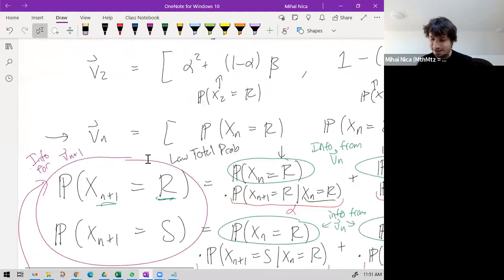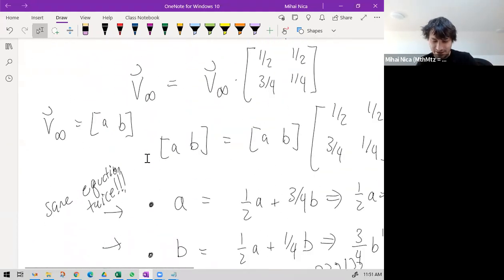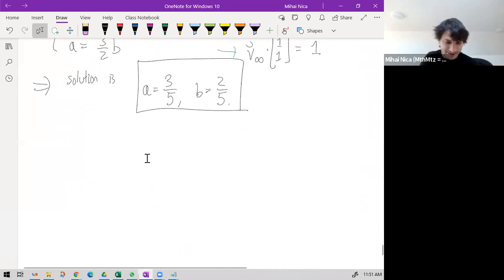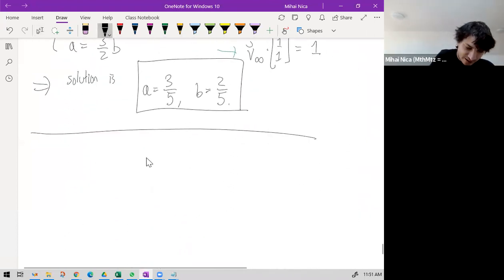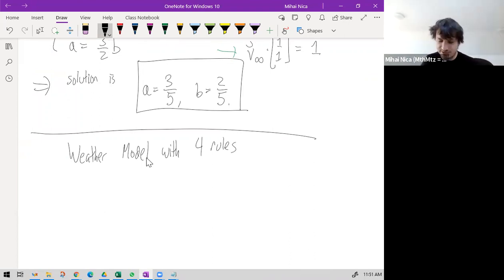So let's look at this problem. I'm going to scroll back down to the very bottom of our week 1 file. So we have a weather model with 4 states. 4 rules. And the rules tell you about if it's rainy or sunny 2 days in a row. This is example 4.4 in Ross.